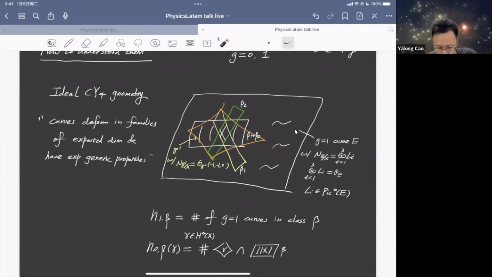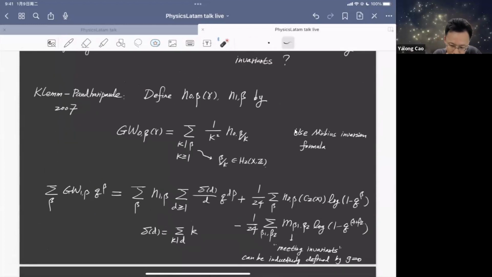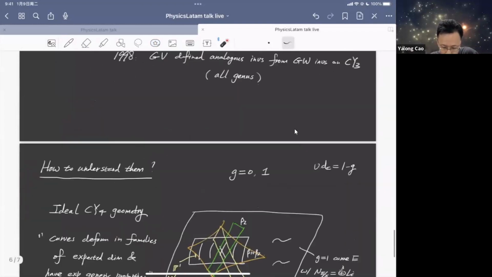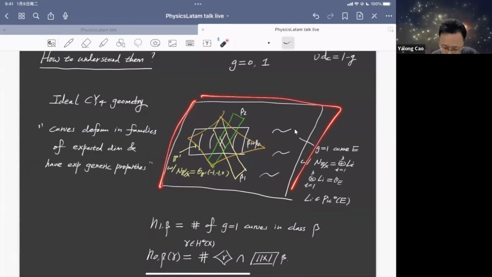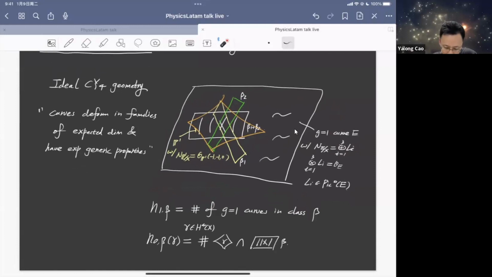Then you can understand that the way Pandharipande and Pixton write down this complicated formula is to look at these pictures and compute a Gopakumar-Vafa invariance using this ideal picture, and then they express Gopakumar-Vafa invariance using these two pieces of data, and then get that formula. This is basically the idea of writing down their formula, although the computation is quite complicated and tricky.